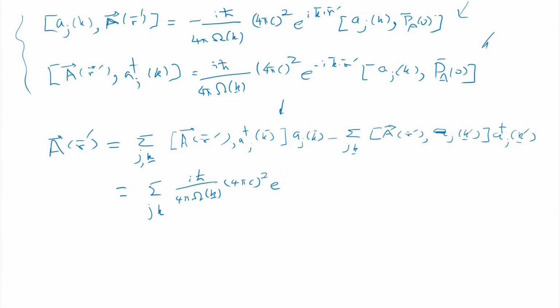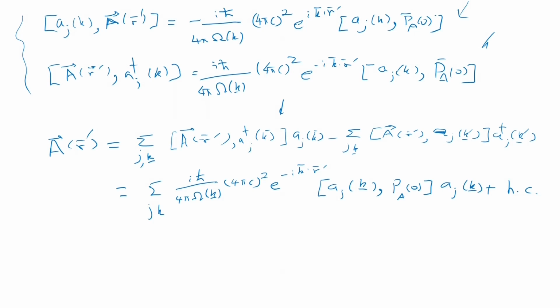So this is A(r'), and it's going to look like this, plus the Hermitian conjugate, because A is real, so whatever comes later is naturally the Hermitian conjugate of this.